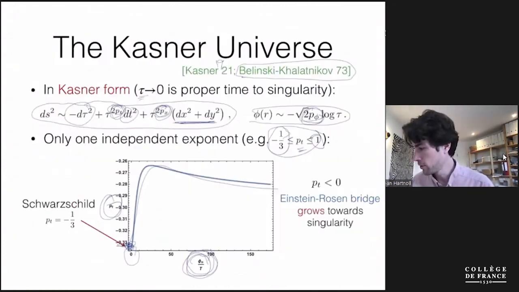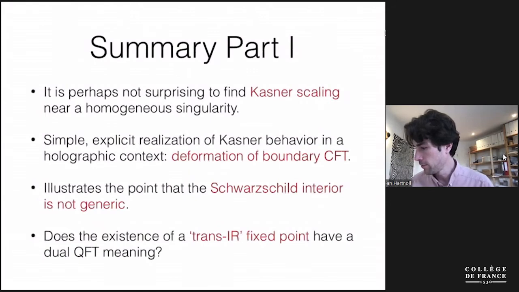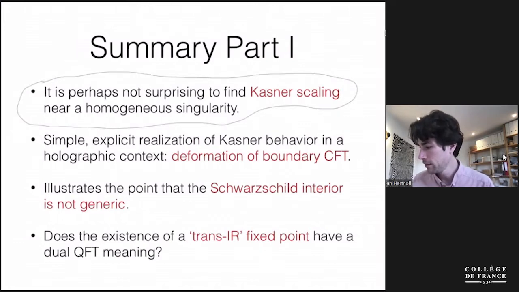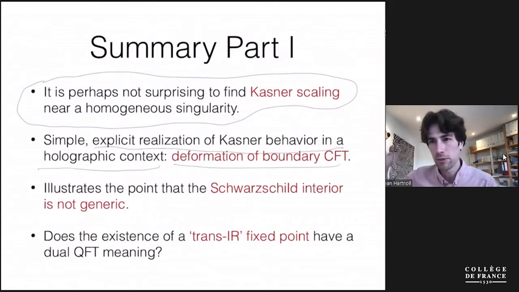So that's the first story. It's perhaps not surprising that we find some Kasner scaling near a homogeneous singularity. It's a very explicit realization of Kasner in a holographic context. If you deform the boundary field theory, you get a generic Kasner thing in the interior. It shows that the Schwarzschild interior is not generic.